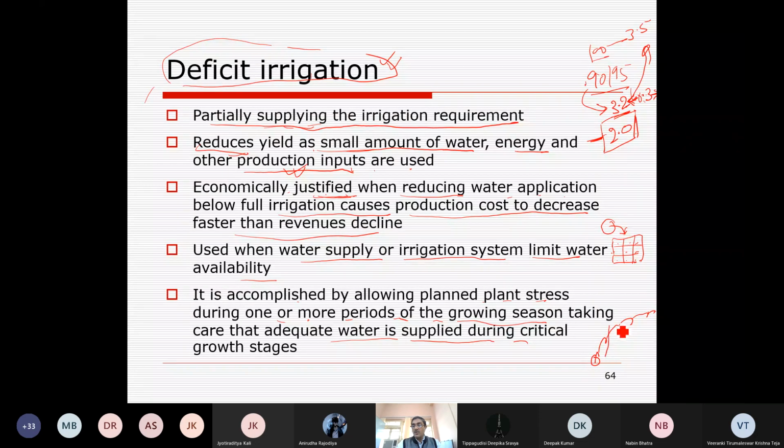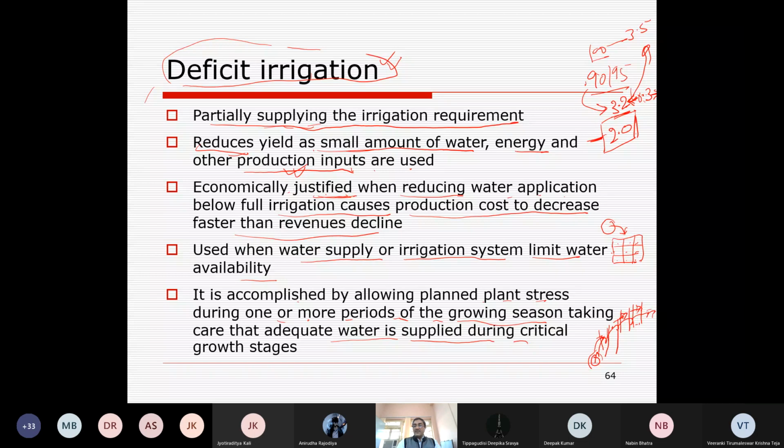There are critical growth stages: if the plant is not grown fully in terms of biological growth, it will not attain good flowering, and if not good flowering, then not good grain filling, and automatically it will be the least harvest. So these are a few conditions where water stress is not allowed.